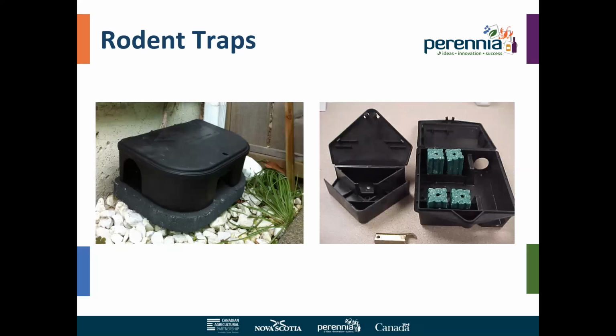So this is an example of rodent traps. These are baited pest devices, exterior devices that we see contracted companies use. We also see little pipes that can be in the shape of a T that folks that do their own in-house pest control may use.